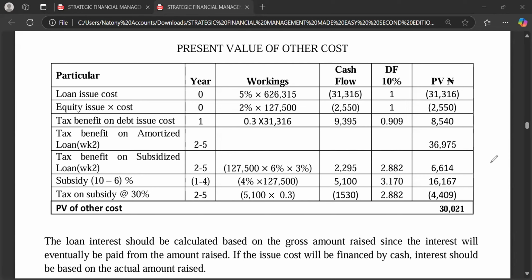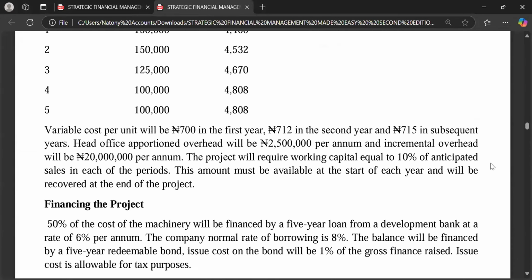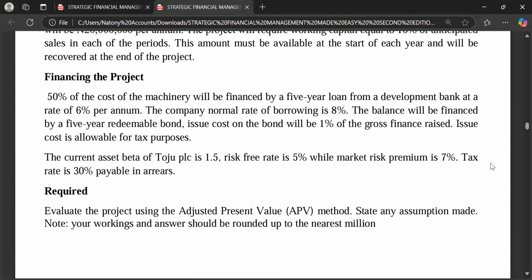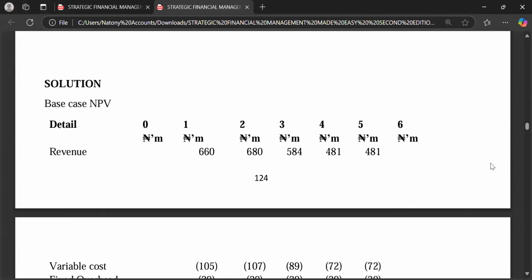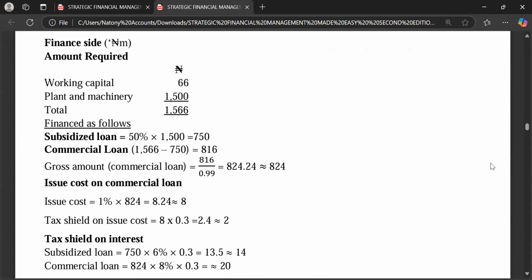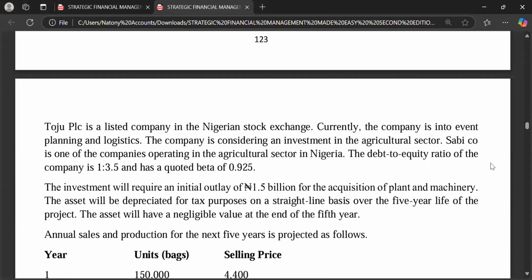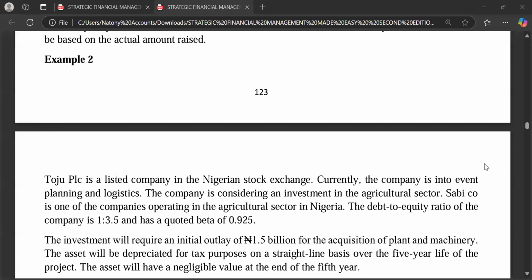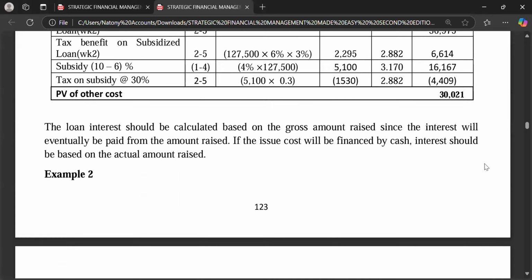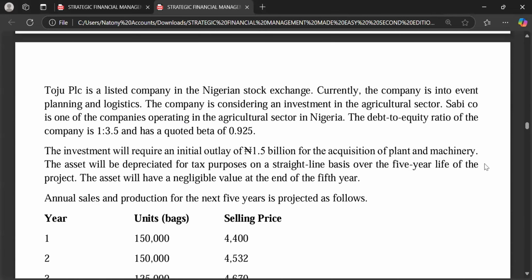Let's look at the base case NPV itself and see what it looks like. Let me just use this question as a case study for that. I'll just be reading the question and making some comments, but I will not solve the question in totality.